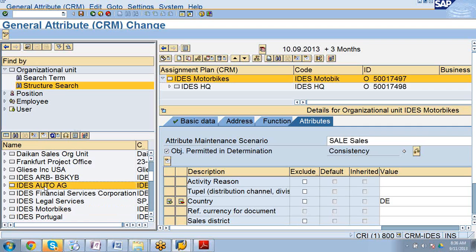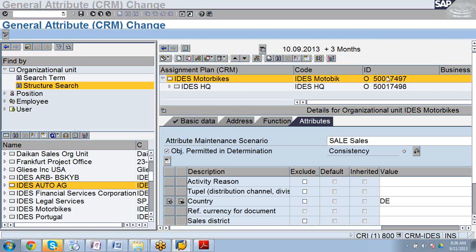Mushir, you take IDS Auto. Avinash, you take IDS US.